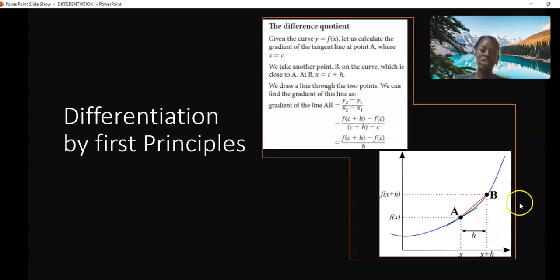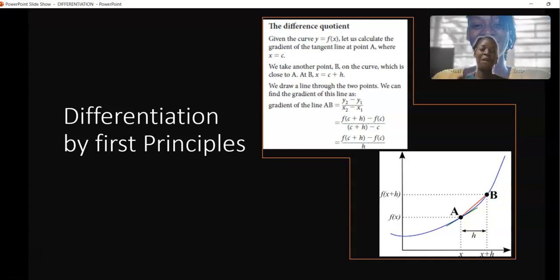This is actually a magnification of points A and B, so you can see they're really, really close. The distance between them, we call h.